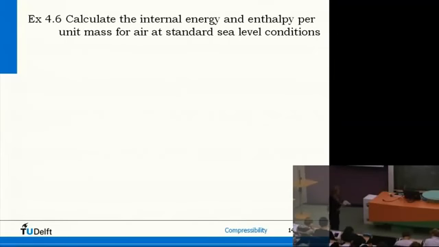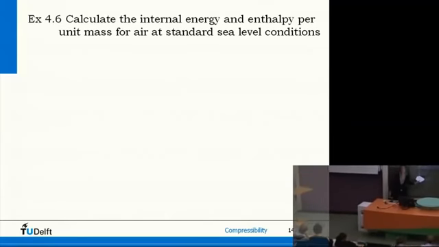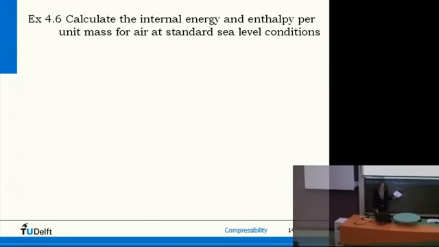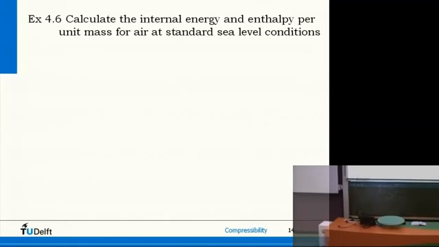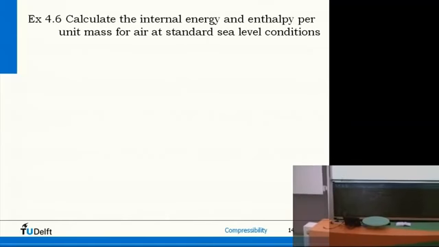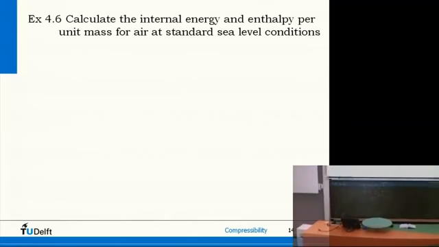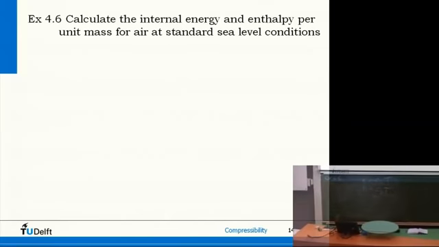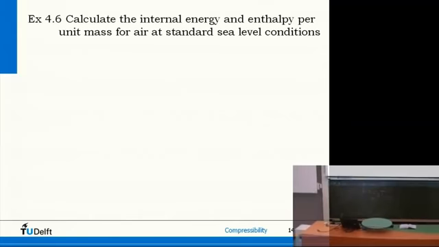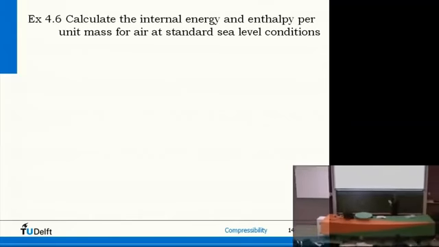And so enthalpy, does anyone remember the enthalpy relation? Yes, CpT, and internal energy. So what do we need to start with to find enthalpy and energy per unit mass? Temperature at sea level, which is 288. Thanks.